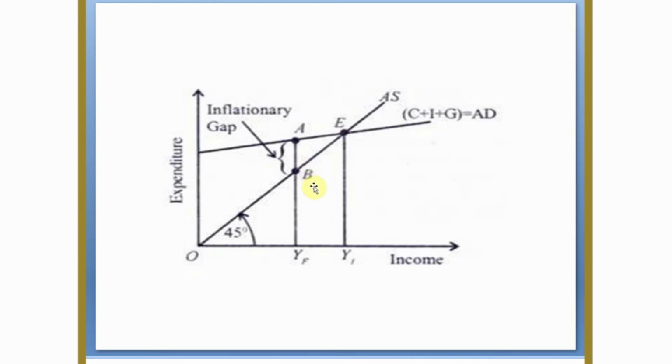The overall idea behind this concept is, when the government makes more and more expenditure than the required level of output, certainly that extra expense leads the economy to face inflation. This is the gap from point A to point B, which is called the inflationary gap.